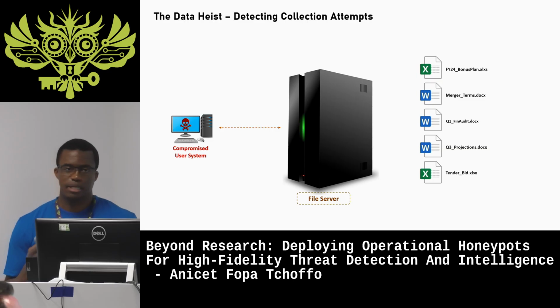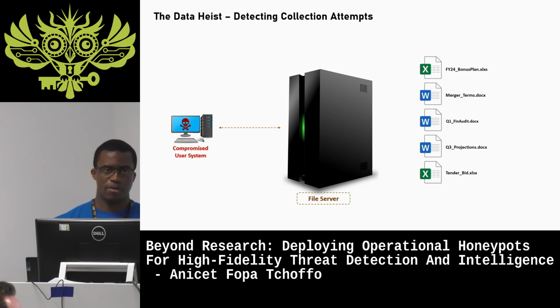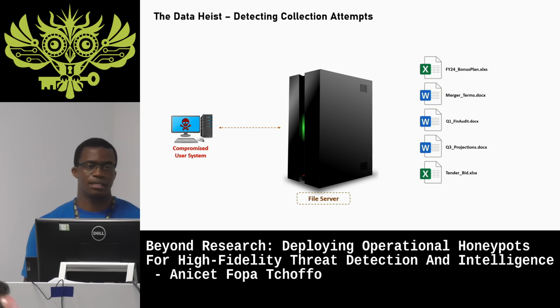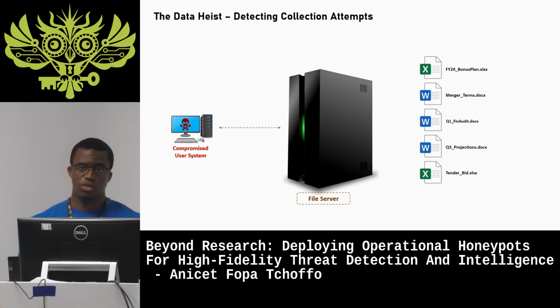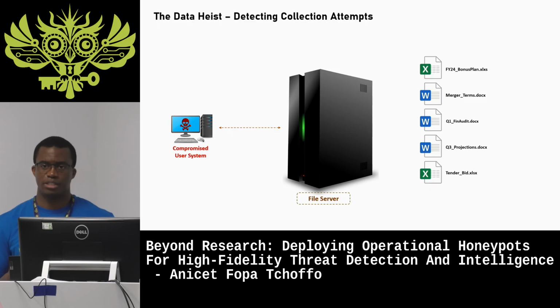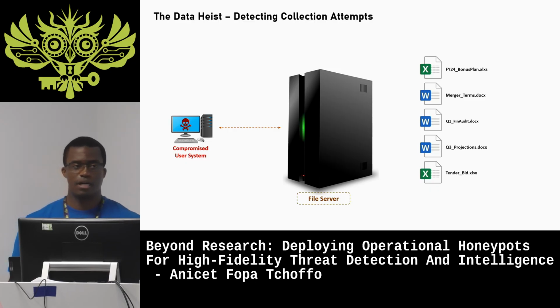Once an attacker has made it inside your network and moved around a bit, they will start looking for the type of data that they're actually interested in. This could be things like your intellectual property, your financial data, your personal information, anything of value.